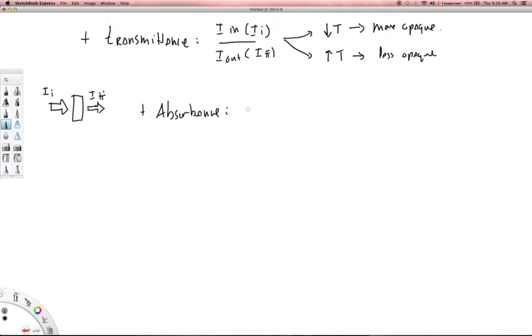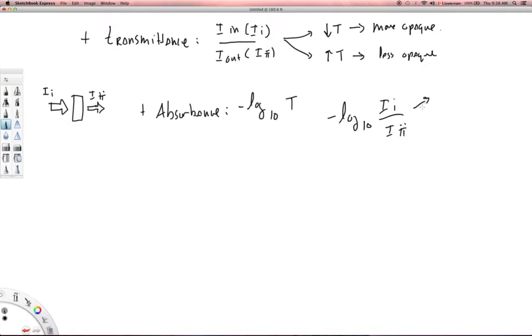And really, absorbance is just the negative log, taken to the base 10, of the transmittance. So it's the negative log base 10 of I1 over I2.